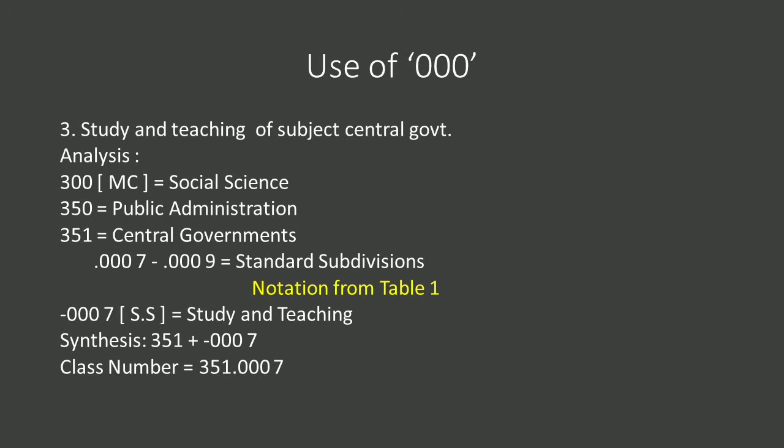Here is the instruction for using the standard subdivision: .0007 dash means to .0009, that means .0007, .0008, .0009. So -07 is study and teaching, but I have written -07 as -0007.